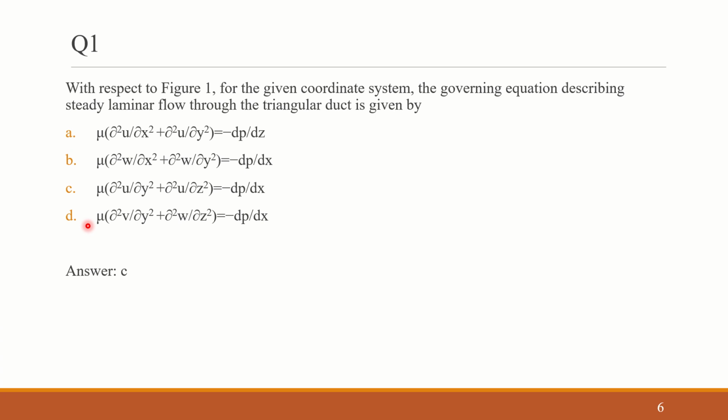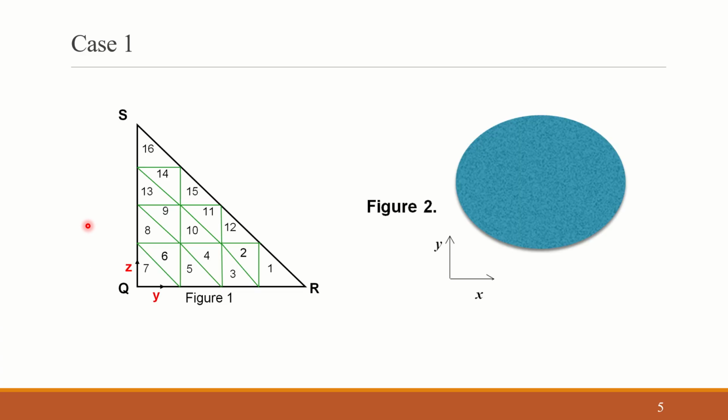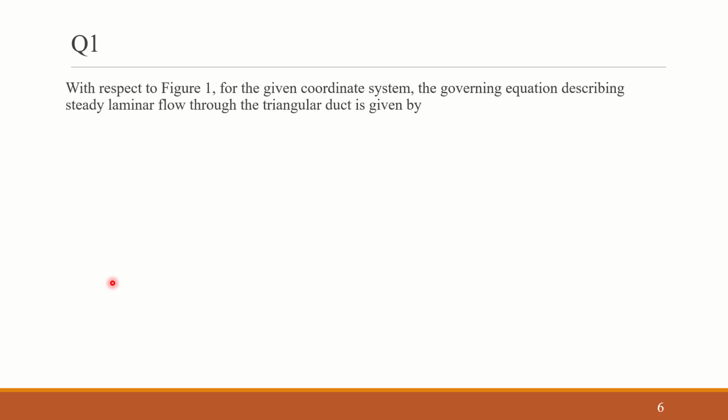So when we look at figure 1, we'll go back to figure 1. So this is figure 1. So this figure is in ZY plane. So the flow is occurring in x direction. So we have x velocity, that is u, the x component velocity is there, and that x component velocity is a function of y and z.